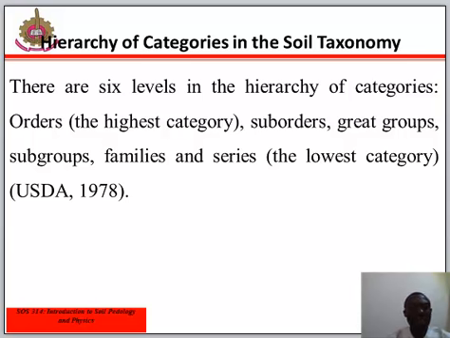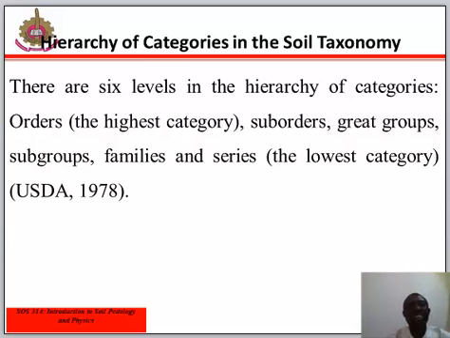The properties include particle size distribution and mineralogy beneath the plough layer, temperature regime, and thickness of rooting zone. Typical family names are clayey, kaolinitic, hyperthermic, and the likes. There are thousands of families.